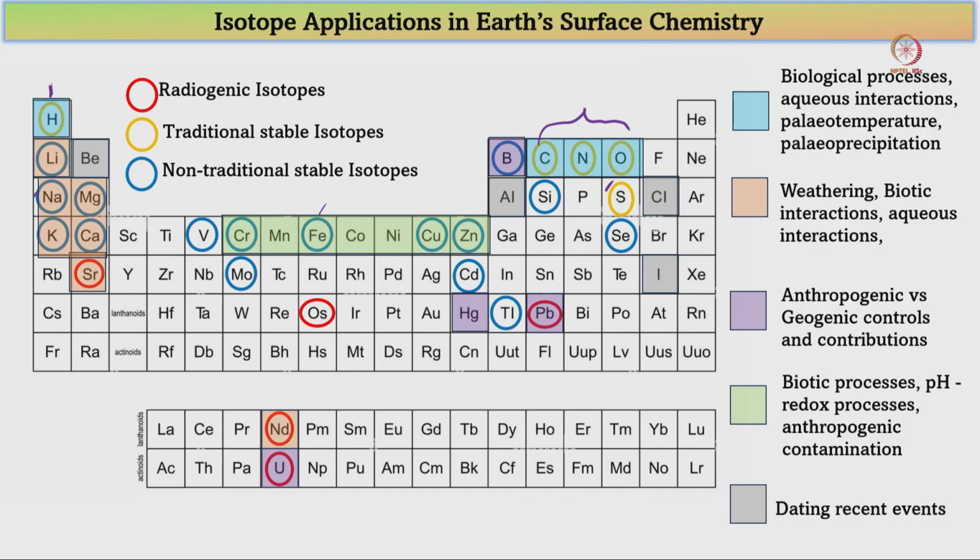So basically, what are the parameters? If you are investigating temperature, you will use another system that is very sensitive to temperature. If it is sensitive to biotic processes, for instance, if you are particularly looking into decaying of organic matter and things like that, you will look at carbon, nitrogen, sulfur.